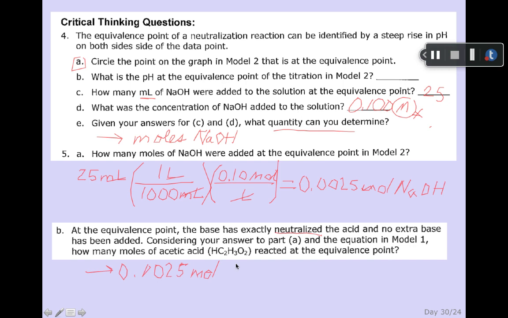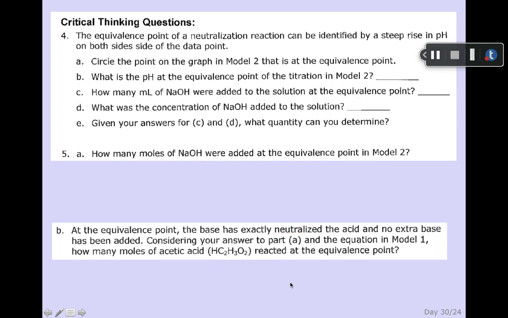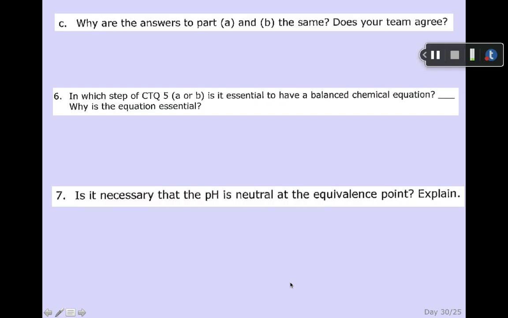So, acetic acid. I have written this acetic acid in the alternate formula here, not the same one as shown in the question, realizing that the way I'm representing it here is the more common way to write acetic acid. So that tells you how many moles of acetic acid were present at the equivalence point. So why are these answers the same?